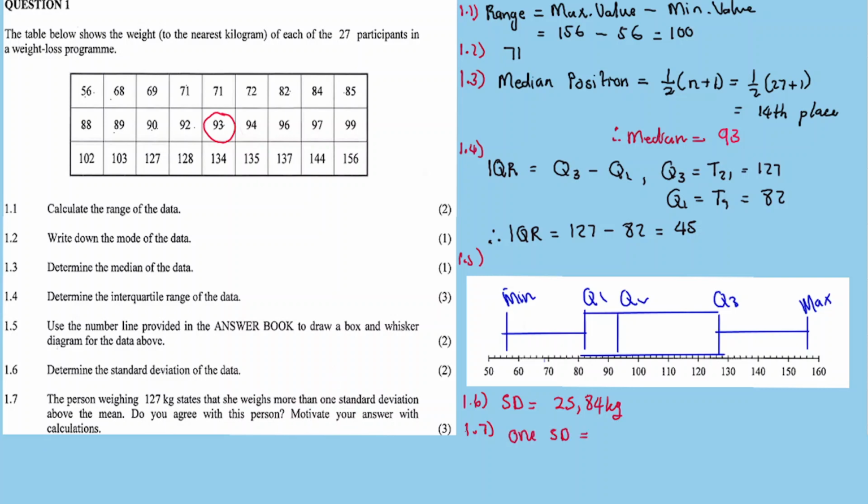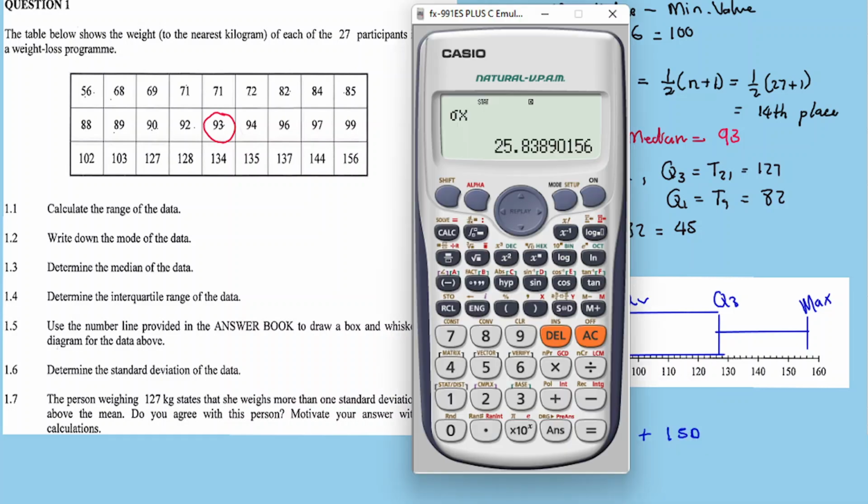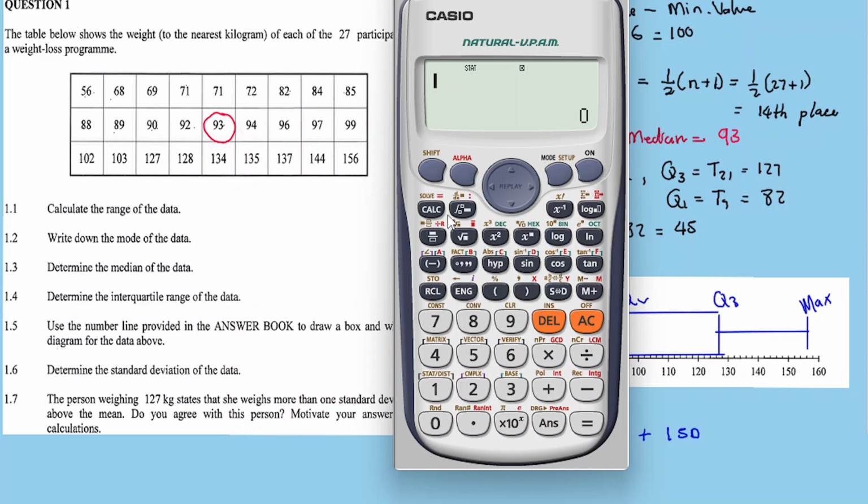So 1 standard deviation above the mean is basically the mean, the average, plus 1 standard deviation, right? Since we have the data in the calculator, we just say 1, 4, and then the calculator gives the mean. We need the mean to calculate one standard deviation above the mean.